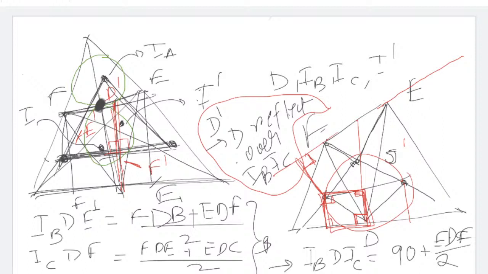What do we do here? Okay, this is going a little slow. Okay.